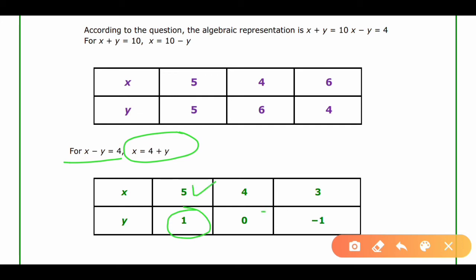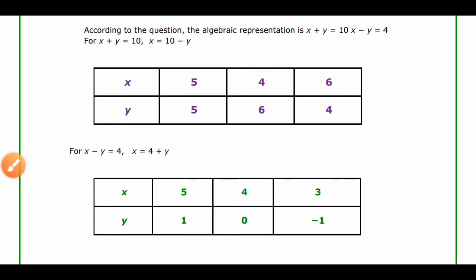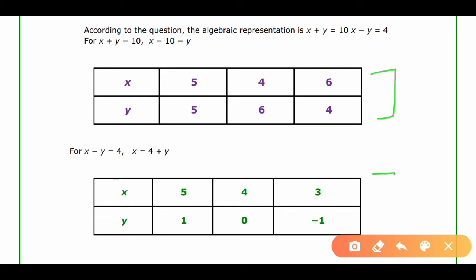When we replace Y equals 0, we get X equals 4. And when we replace Y equals minus 1, we get X equals 3. Clear? So after replacing the values, we got two tables: first for equation number 1, and second for equation number 2.